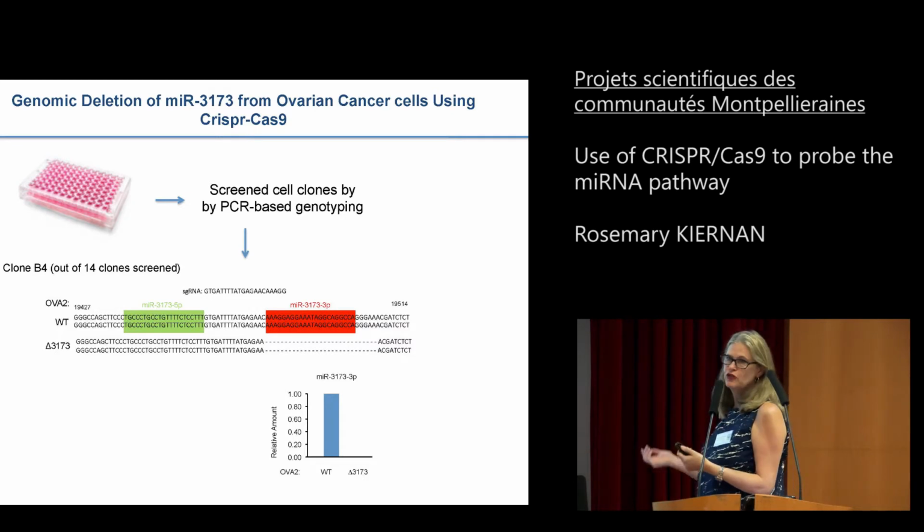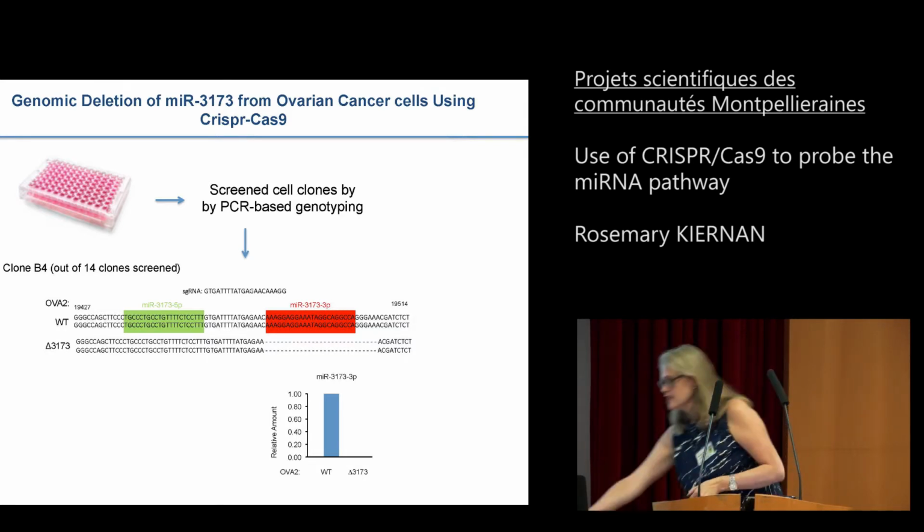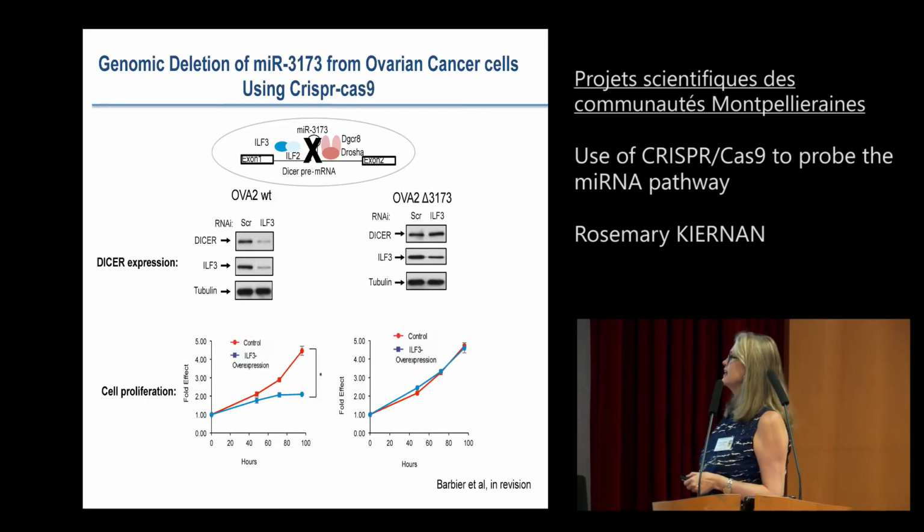We just took advantage of the non-homologous end joining pathway, so we were just looking for random mutations, deletions. And this is the clone that seems suitable to us. We have a small deletion in the middle of this microRNA. And when we measure the amount of the microRNA produced in the cells, actually we totally lose the expression of this particular microRNA. So then we thought we had our cells.